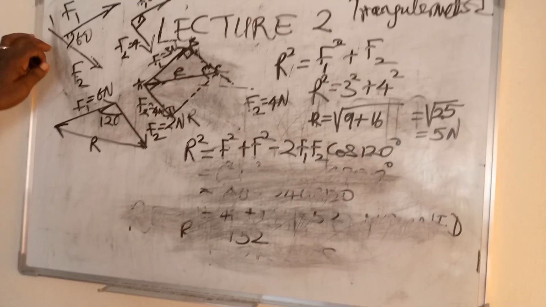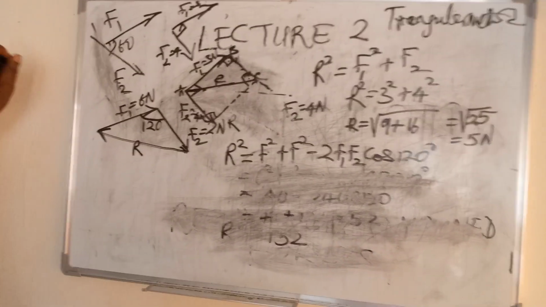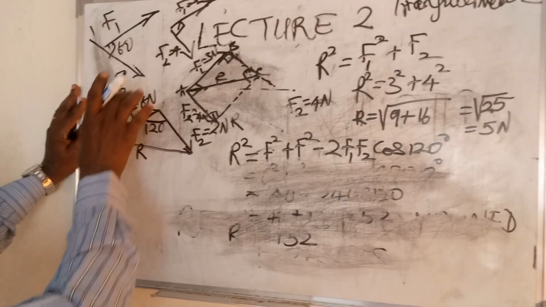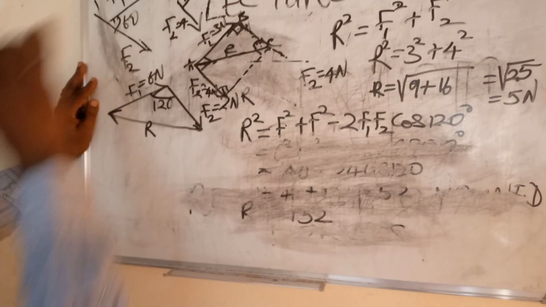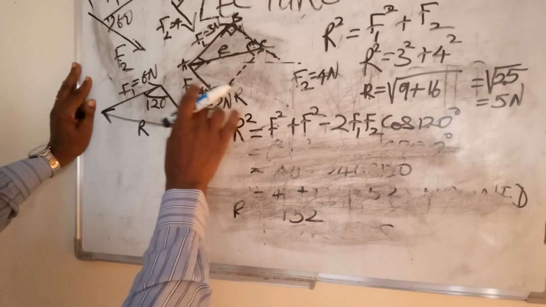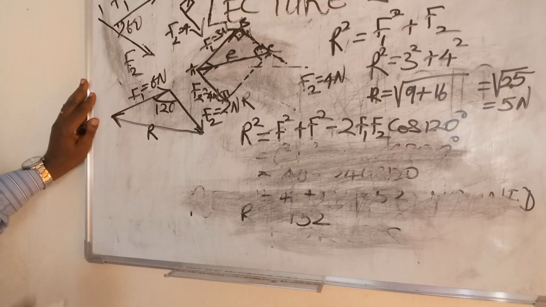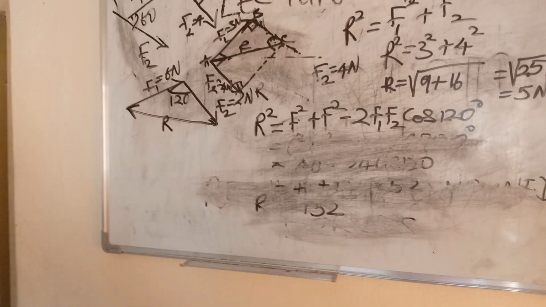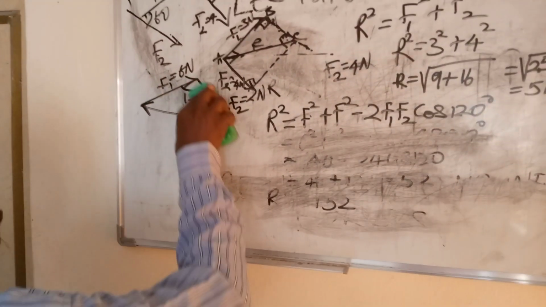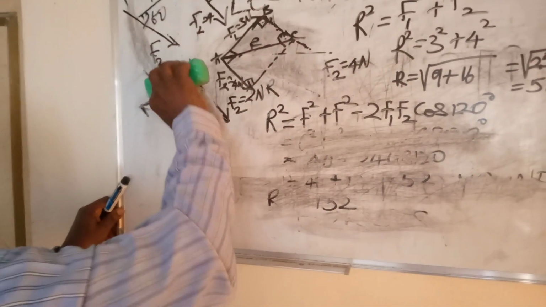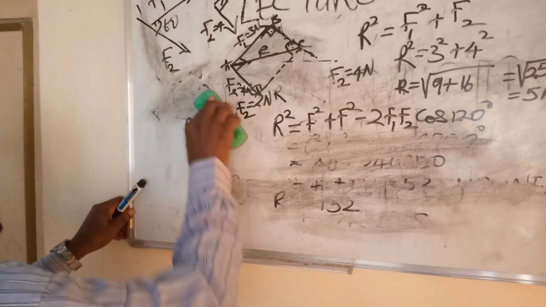Now, in the second one, where the angle between them was 60 and the forces were F1 6 newtons and F2 2 newtons, if we are to solve this, this time by the method of parallelogram, because the angle between them is not 90, we use the method of parallelogram.